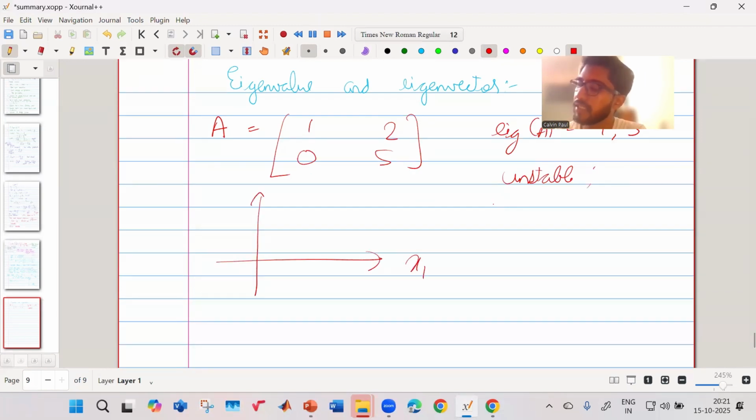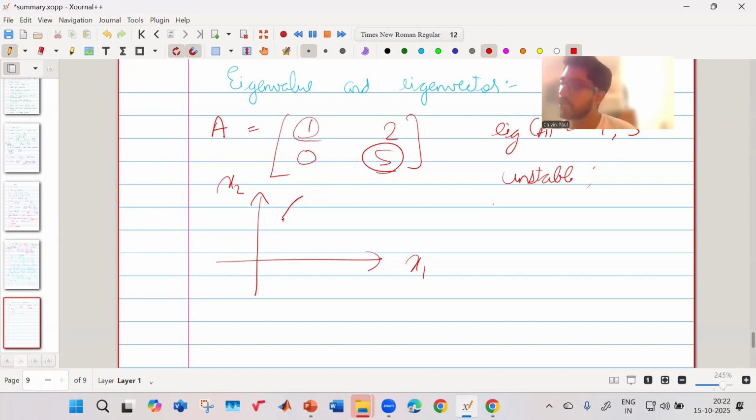Suppose this is your x1 axis, this is your x2 axis. Then it would go like this. Not from the equilibrium point. Suppose, say, at this point, it would increase much more in x2 as compared to x1, because x2 has the higher eigenvalue, x1 has a smaller eigenvalue.